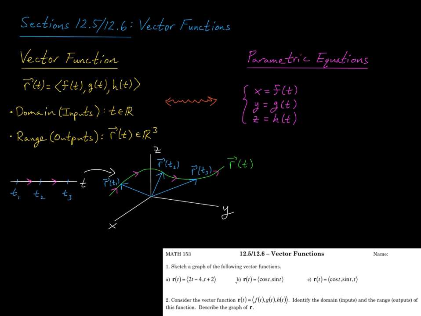Just as we saw in the first question, a vector function can be thought of as a parametric description of the moving object. You're just looking at the component functions f, g, and h as the respective coordinate functions for x, y, and z. So if we're moving from left to right here on the number line, we're just tracing out this curve you see here.